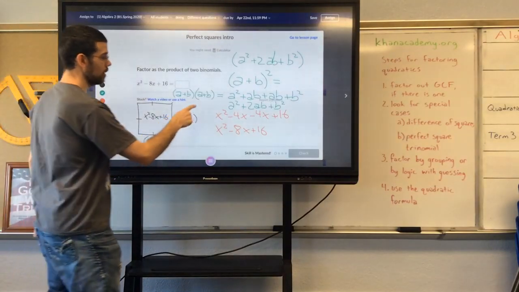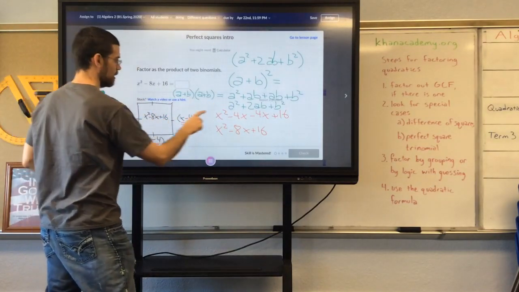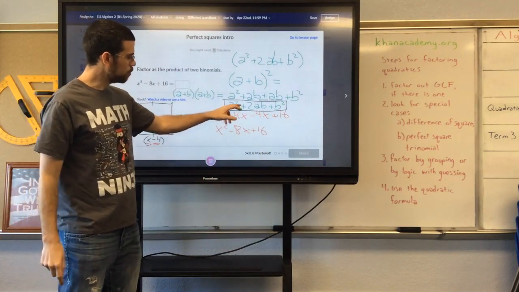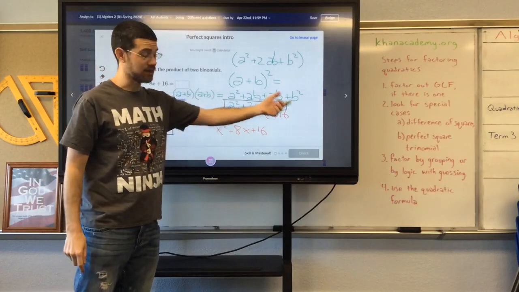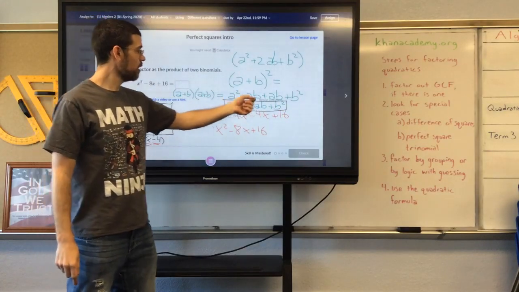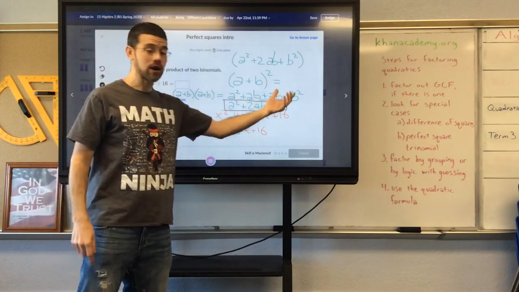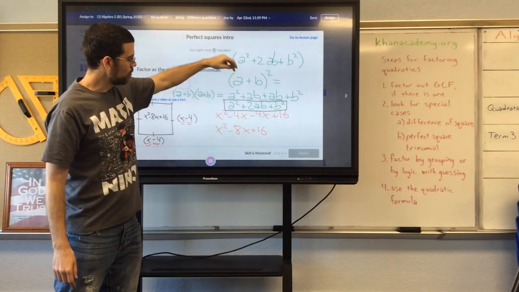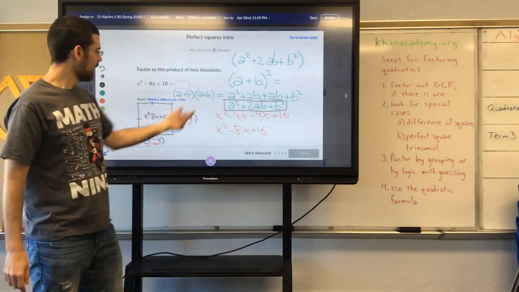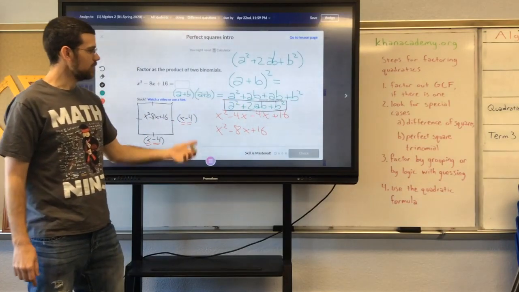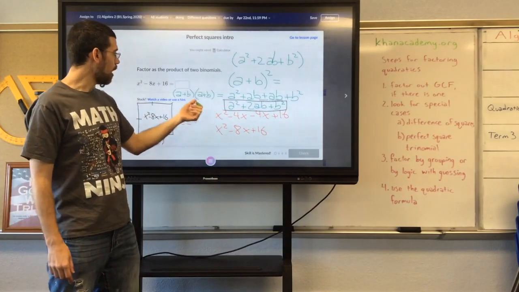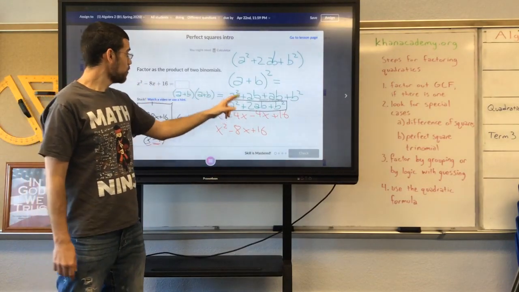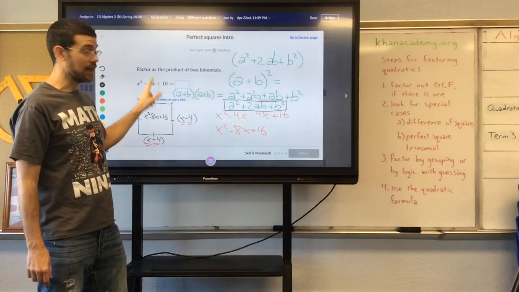So now we know that if we have a trinomial that looks like a squared plus 2 times the first term times the second term's square roots, plus b squared, another squared term, then it factors into the square root of the first term plus the square root of the second term, and like we said earlier, that sign is going to be determined by the sign of our middle term. It's going to have to be negative if the middle term turns negative.